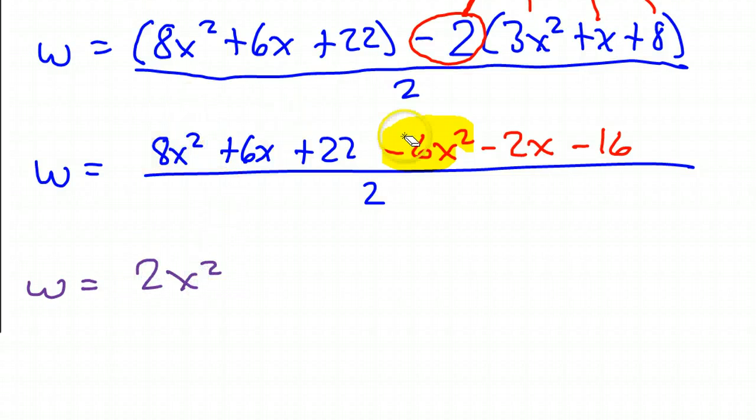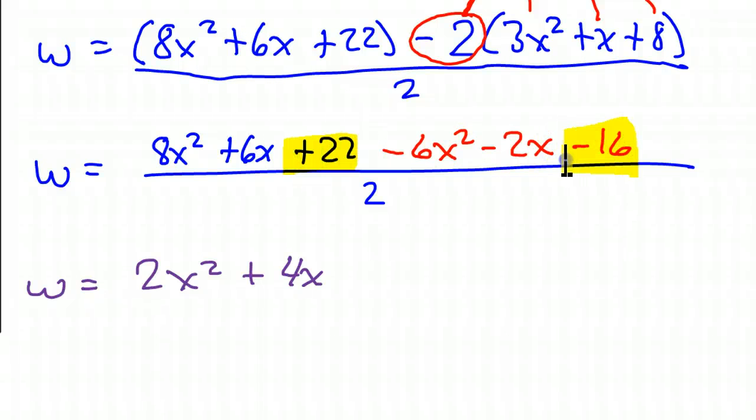Alright, what's next? I've got 6x and minus 2x. So that's 4x. And then I've got positive 22 and negative 16.